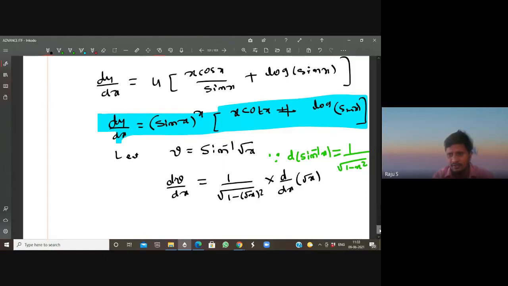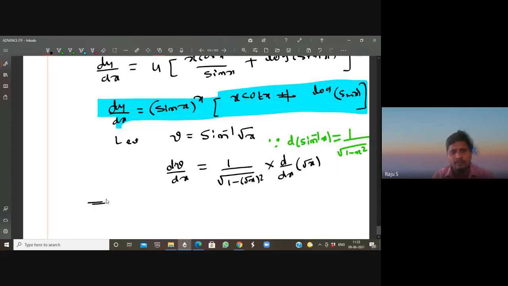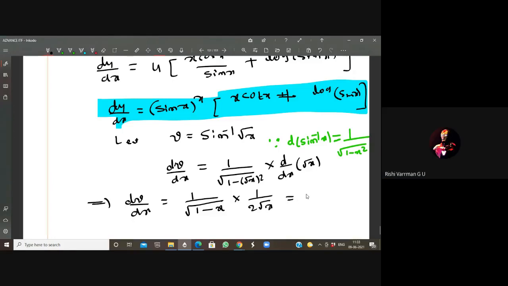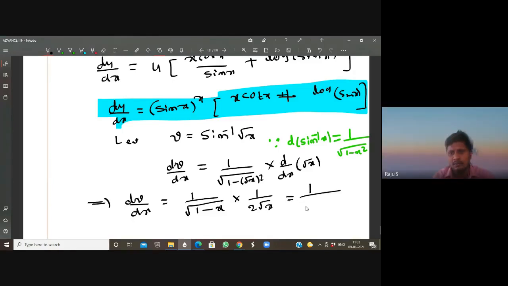The derivative of root x is 1 by 2 root x. So dv by dx is equal to 1 by root over 1 minus x into 1 by 2 root x. Finally, we can write 1 by 2 times root over x minus x square. This is dv by dx.